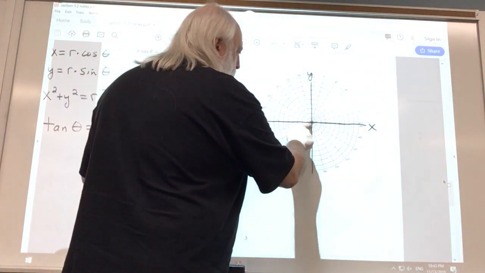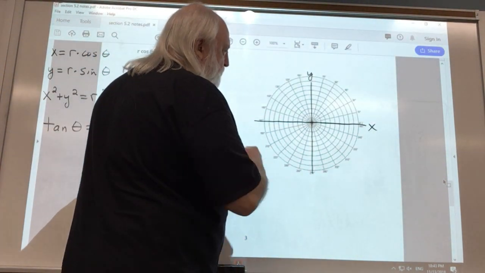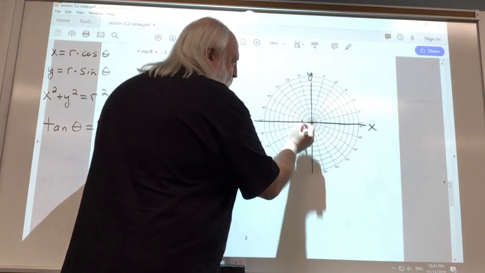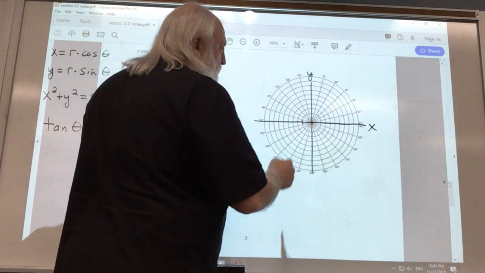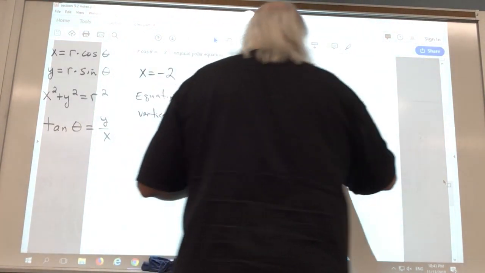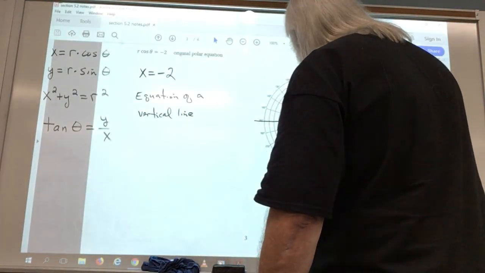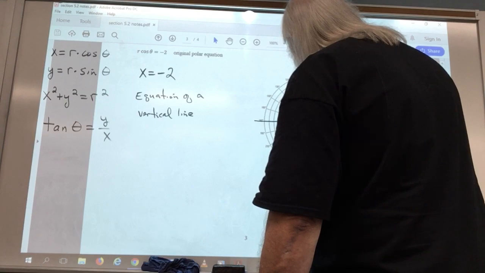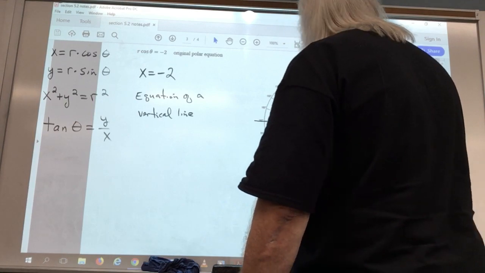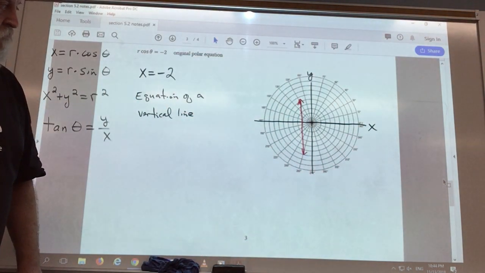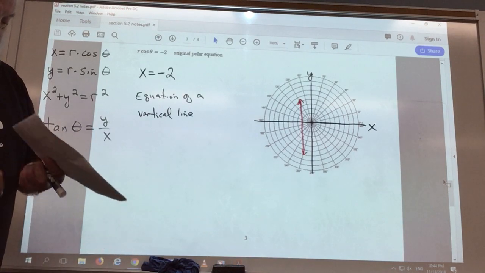All right, so here's the origin. So we go 2 units to the left of the origin, which is at the edge of the 2nd circle from the pole. If I draw this correctly, the vertical line will just touch the left side of the 2nd concentric circle.